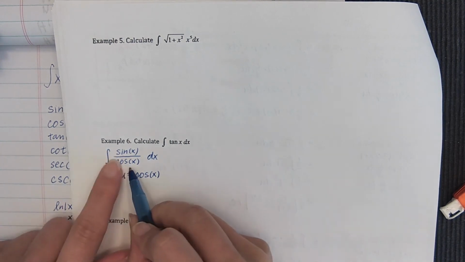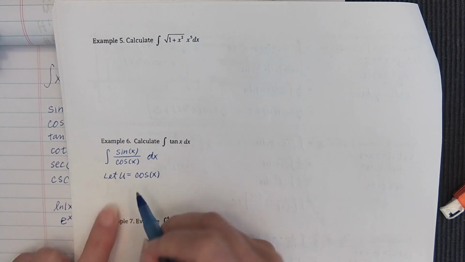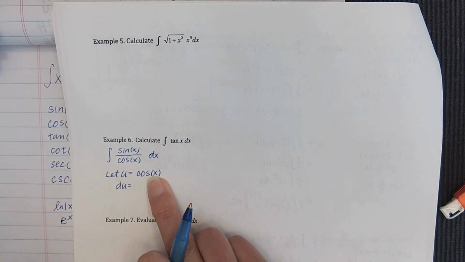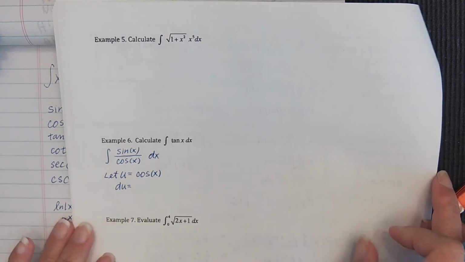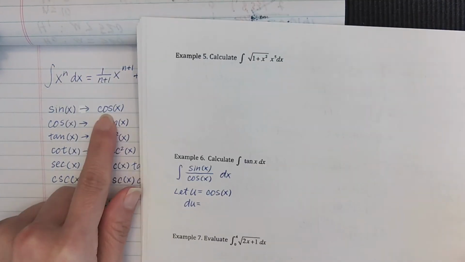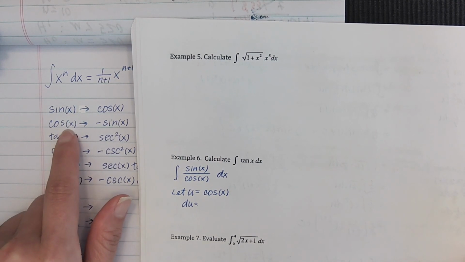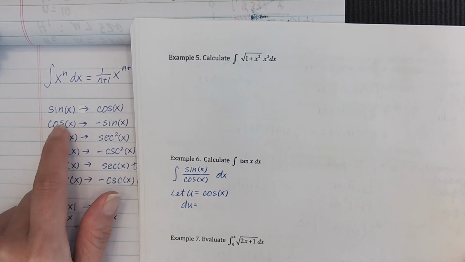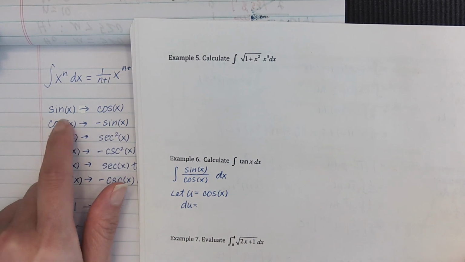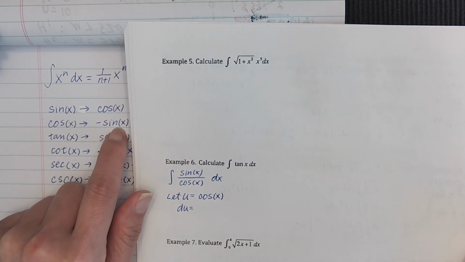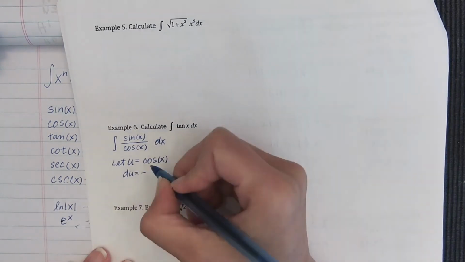But let's say cosine x. What's the derivative here? Negative sine x. Yeah, right.